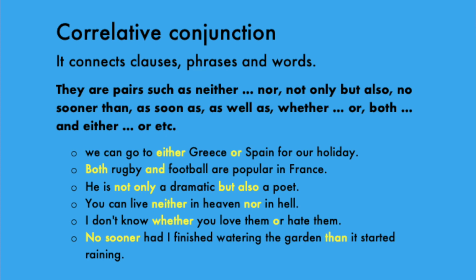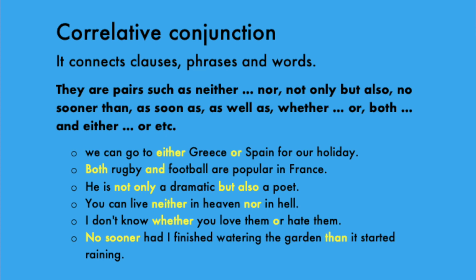Both and. He is not only a dramatist but also a poet. Not only but also. You can live neither in heaven nor in hell. Neither nor. I don't know whether you love them or hate them. Whether or. No sooner had I finished watering the garden than it started raining. Here no sooner than. Remember, these are all the examples for correlative conjunctions.